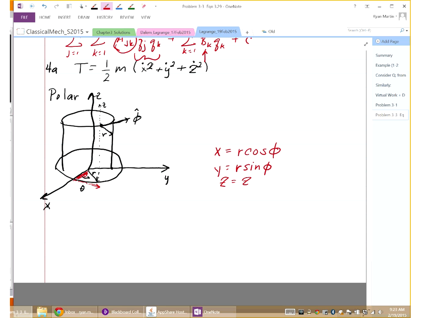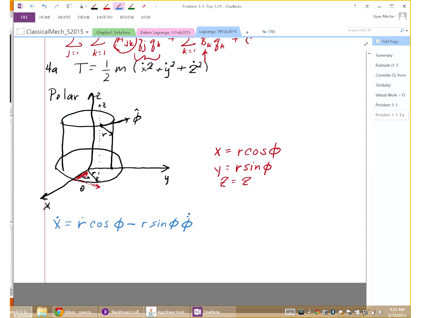Okay. Then the next step in our progression of doing things in a reasonable order is to take the first derivative of x. So that would be r dot cos minus r sine.